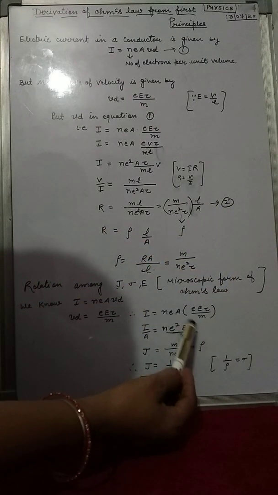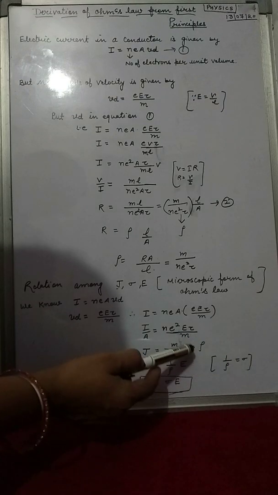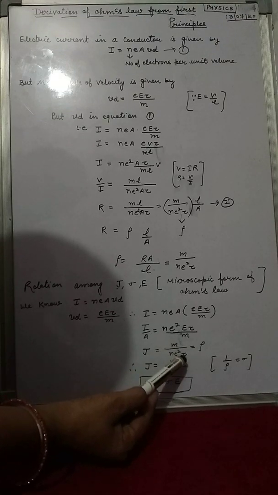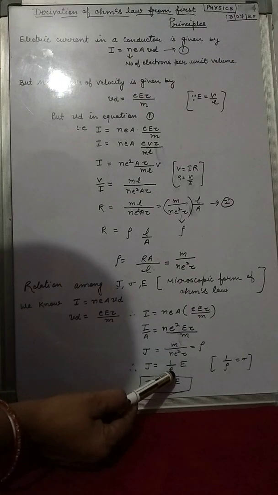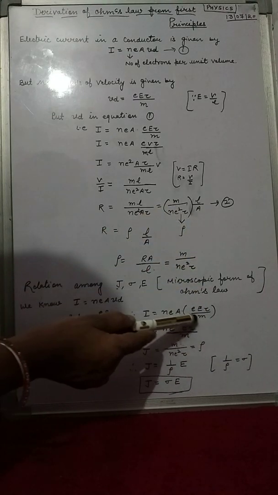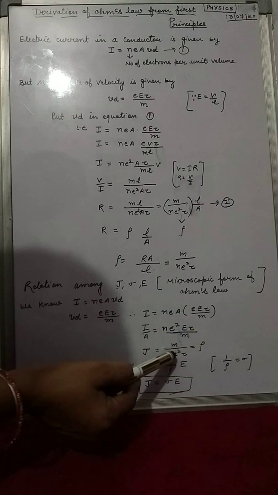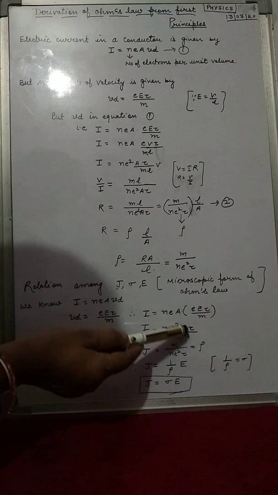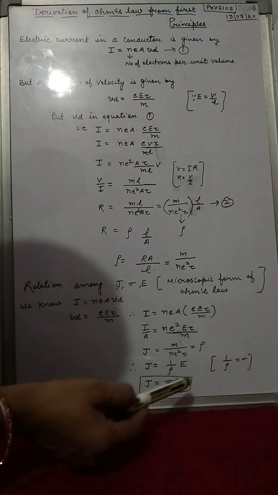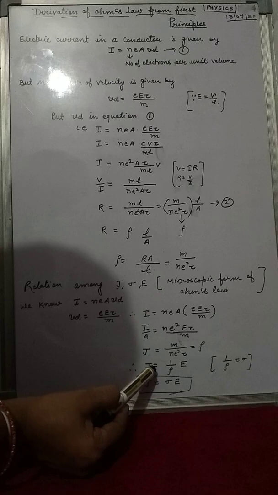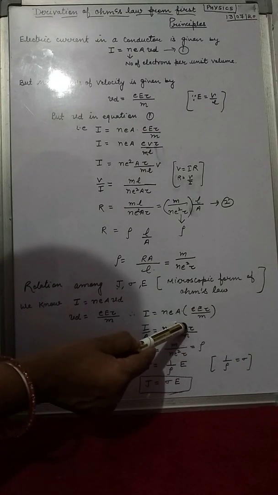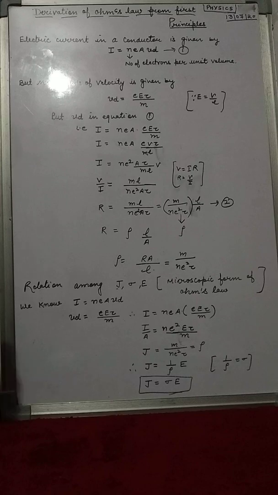But here the expression is ne²τ/m, the reciprocal of m/ne²τ, which is ρ. So we can write J = (1/ρ) E.